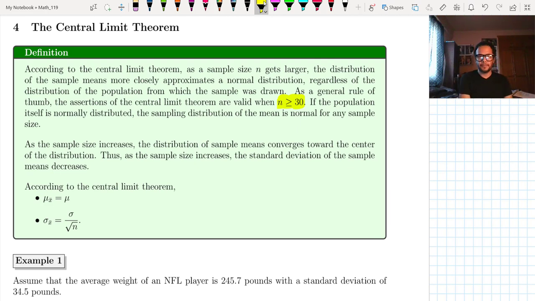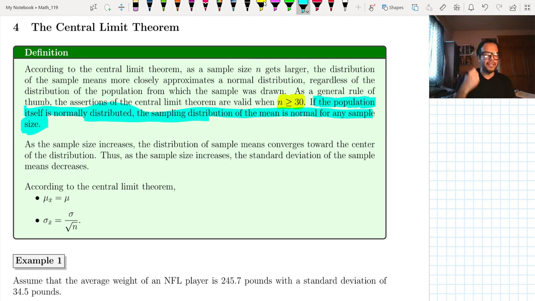In the case that we know for sure that the population is normally distributed itself, the sampling distribution of the mean is going to be normal, and we don't need to be taking exactly a sample of 30. Could be 15, could be 5 even, because we know that the distribution is normal for the population. But if we don't know, then we need to take a sample of at least 30 or more.